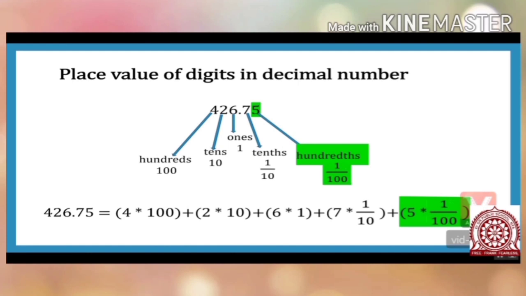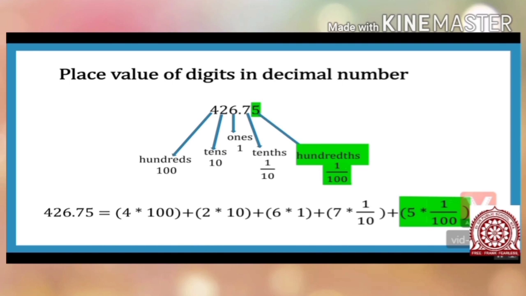Now let's understand the place value of digits in a decimal number. We will start from the left hand side of the decimal point, that is the whole number part. The first digit is 6. Place value of 6 is one's place. The second digit is 2. Place value is tens. The third digit is 4.